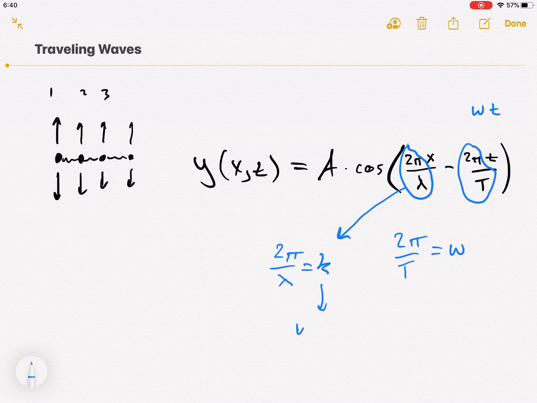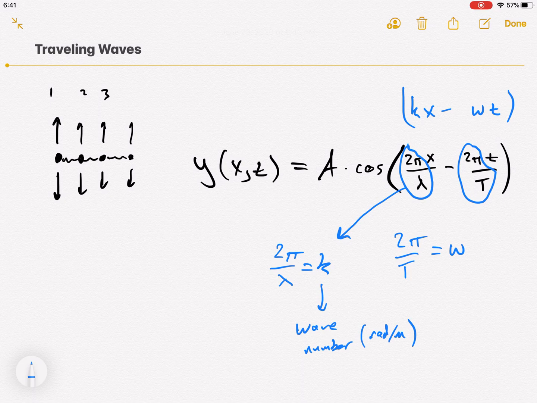This is wave number. It has units of radians per meter. It's just another way. So you could have written this as kx minus omega t.